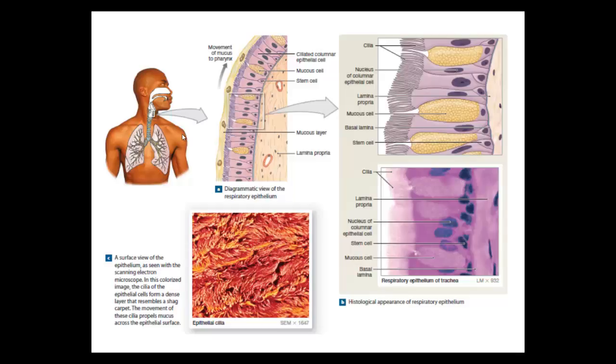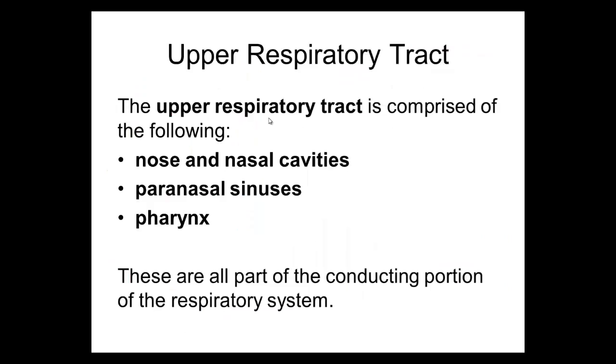Okay, so remember, the respiratory epithelium is pseudostratified columnar epithelium that is ciliated, and in addition you will have also what we call the goblet cells. Because of the mucus lining and the involvement of the lamina propria, we will call this the mucus membrane, in which we add the mucus and the lamina propria. So we are not just talking about the pseudostratified columnar epithelium that you're seeing here.